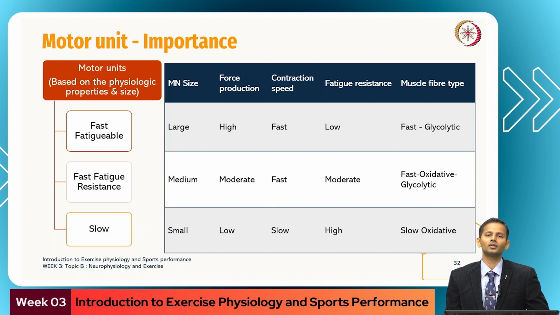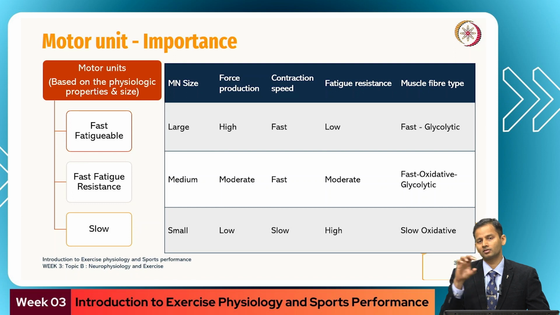The fast fatigable motor units are basically supplied by large motor neurons. As the size of the nerve fiber is larger, the transmission is going to be fast, right? So the contraction speed and the force production are also high.